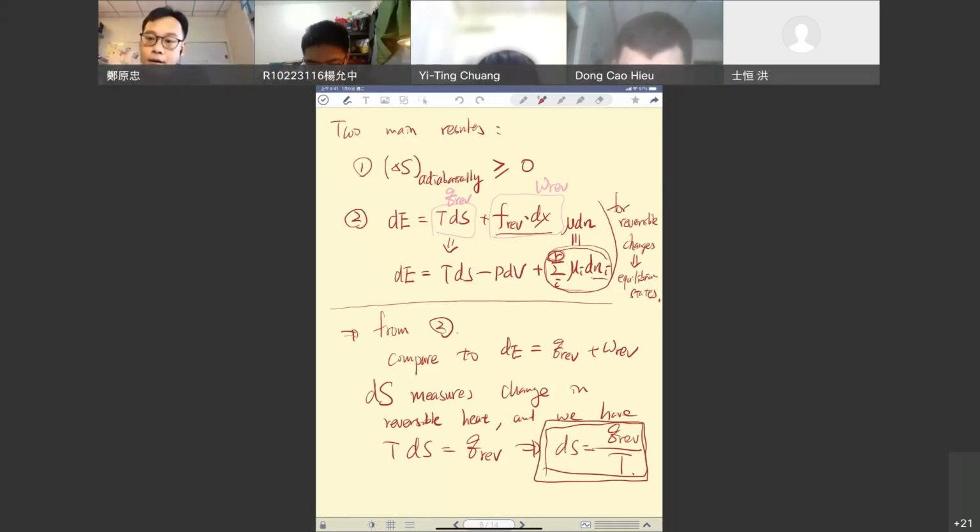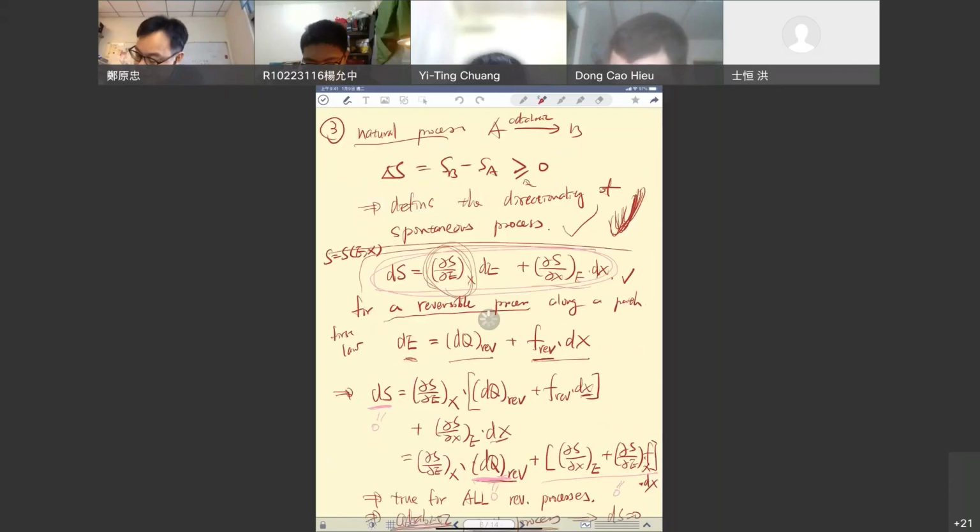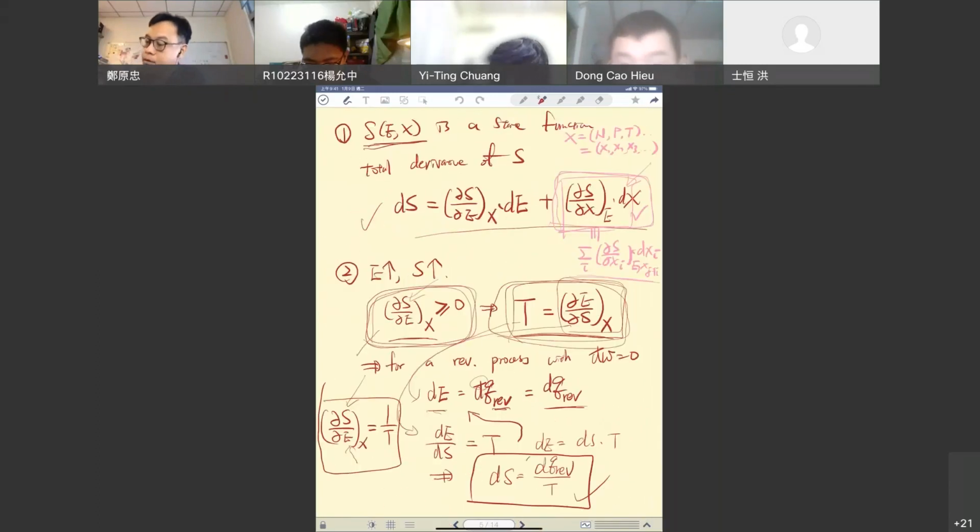And in the last lecture, I used a very ad hoc, hand-waving argument to get to this equation. If we go back there, I actually made a huge assumption. There I argued for a reversible process with no work.